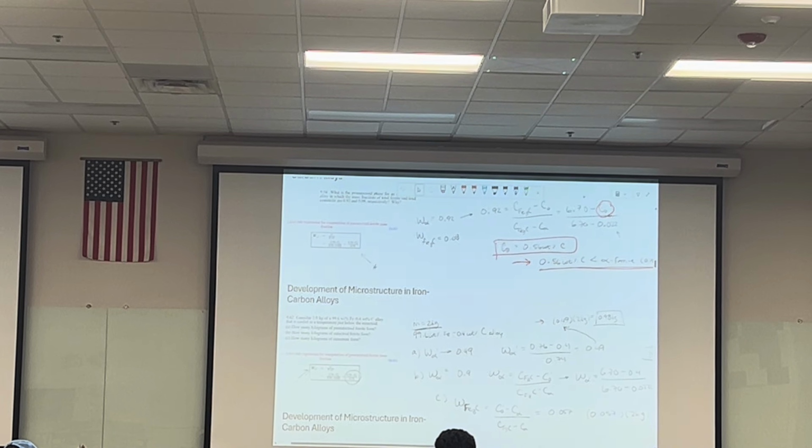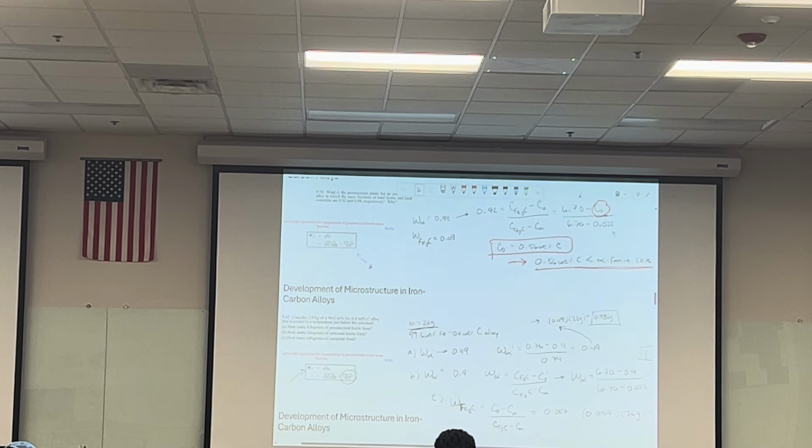The 0.76 is essentially a given value, but your original composition, you put the 0.4 in here. That's going to be your C naught prime.